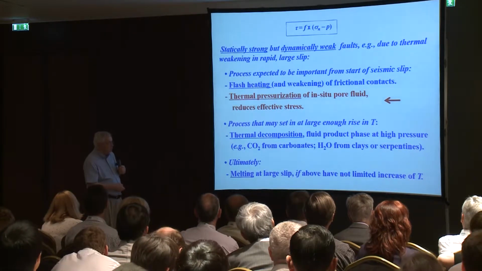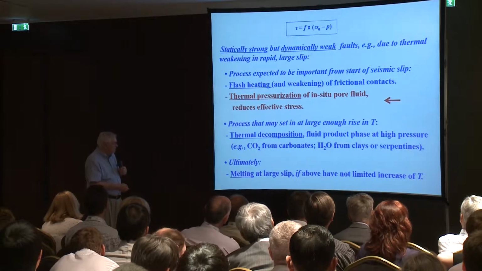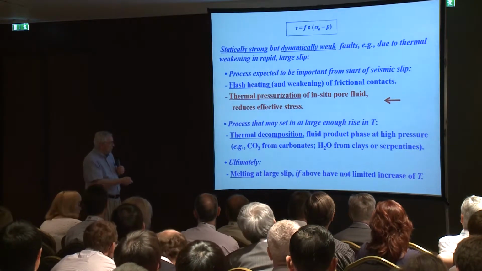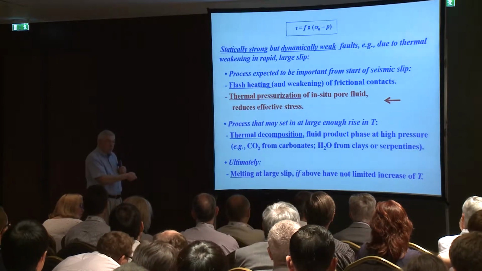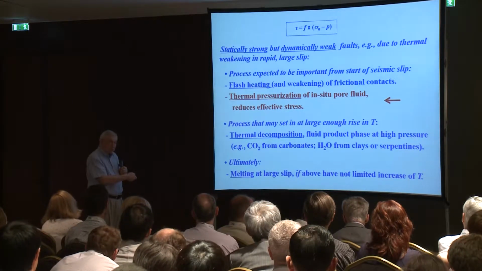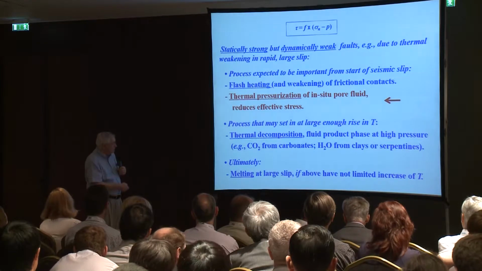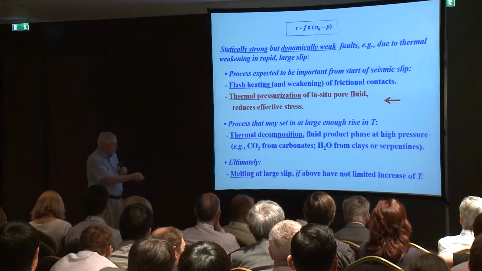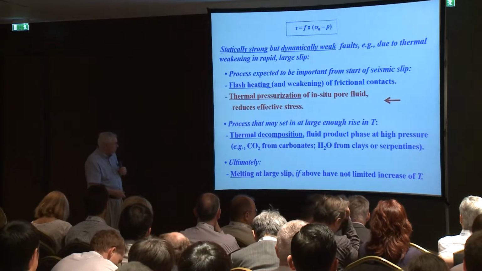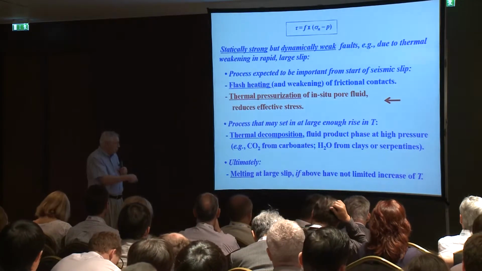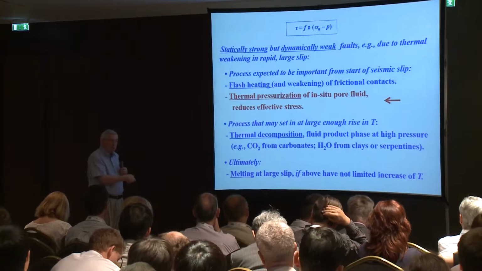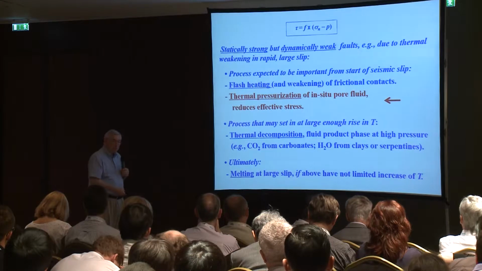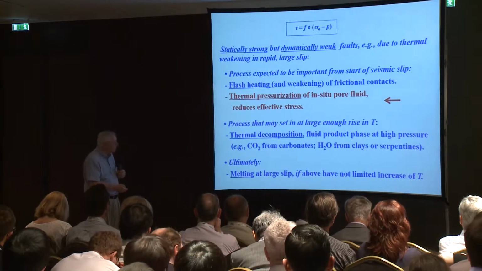So for example, if you have carbonates as the type of rock in the fault zone, these can liberate CO2 at extremely high pressure as they reach these kinds of temperatures, and clays or serpentines in the fault zone will release water. And then, of course, the ultimate weakening process, and we don't think it happens very often, but it is the ultimate limit, is gross melting of the rock.